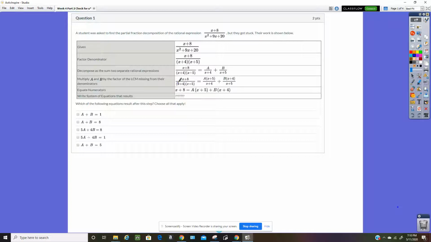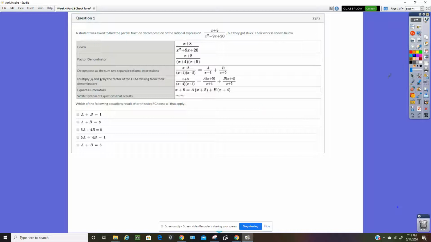So if I multiply through by the least common denominator, or least common multiple, the same idea, you're going to multiply both sides by x + 4 and x + 5. Then I end up with this equation, x + 8 equals A times the quantity x + 5 plus B times the quantity x + 4.